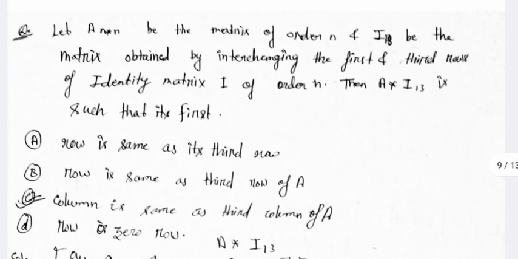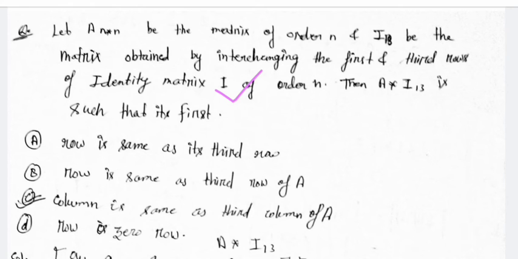Okay, now come to the next question. It is a very interesting question. Here let A be a matrix of order n into m and I13 be the matrix obtained by interchanging the first and third rows of the identity matrix I of order n.